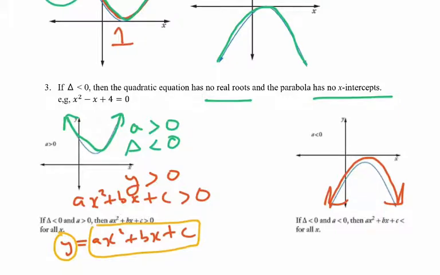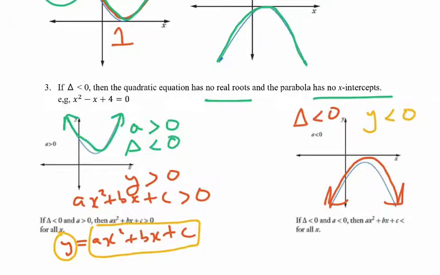Okay, for the last one there, if you've got a less than 0 and no x-intercepts, that means obviously delta is less than 0 because you've got no x-intercepts. Now the other interesting thing is, you can say that the y values for the concave down parabola with no x-intercepts are always negative.